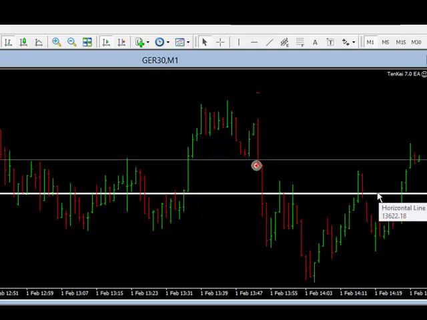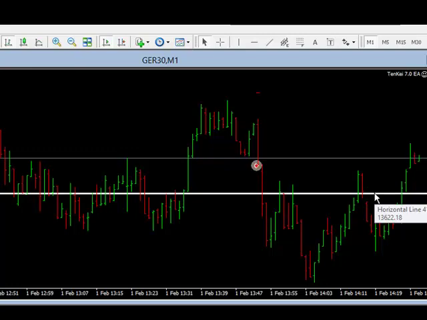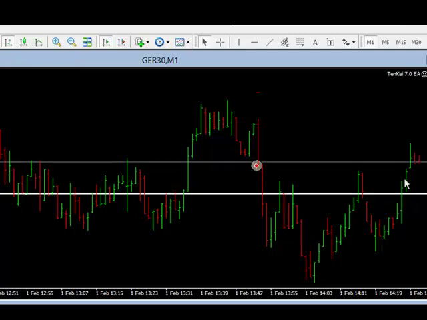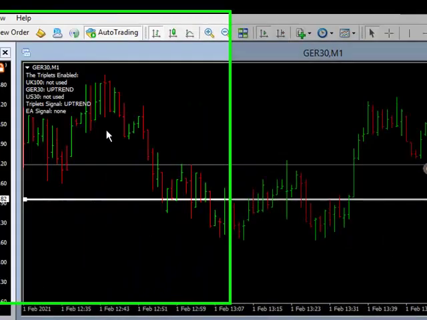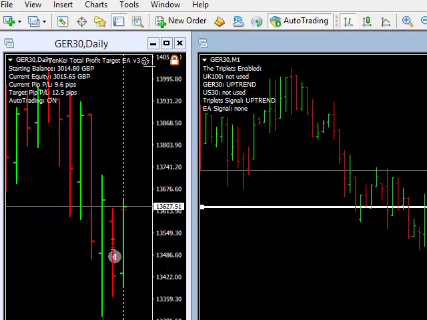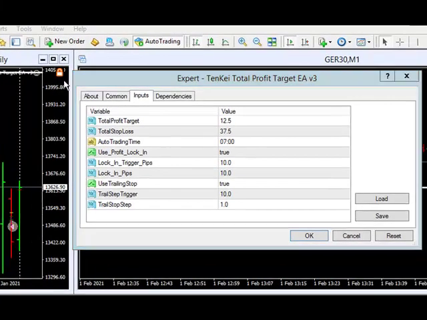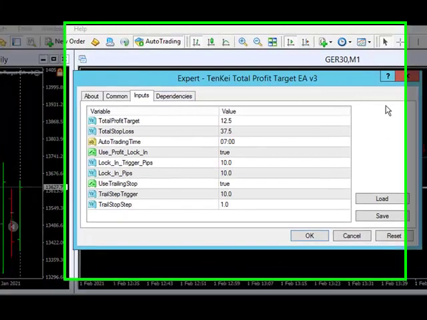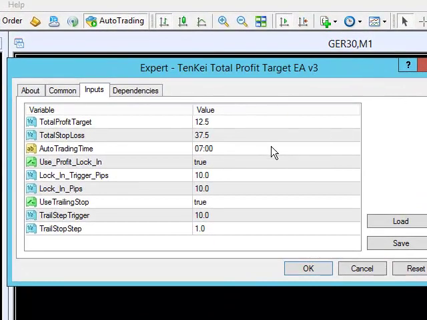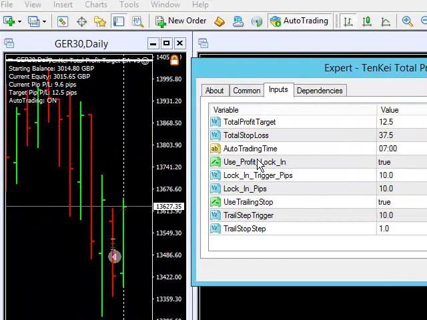Say for instance you got in here, at the horizontal line, 13622.8. Imagine if you got in there, the price is going up. Once the price is going up, what do you do next? When do you get out of the market?